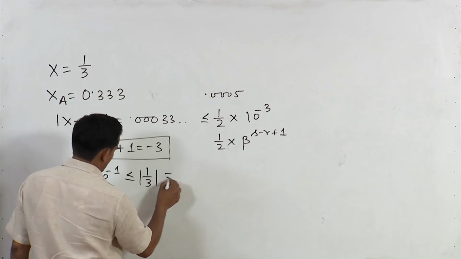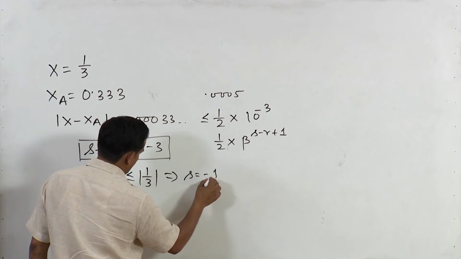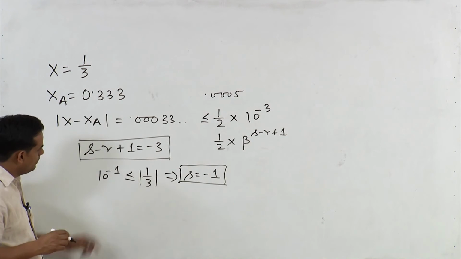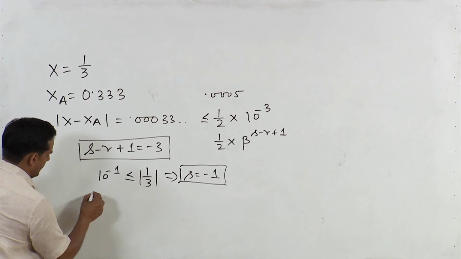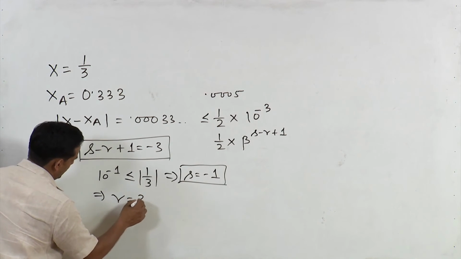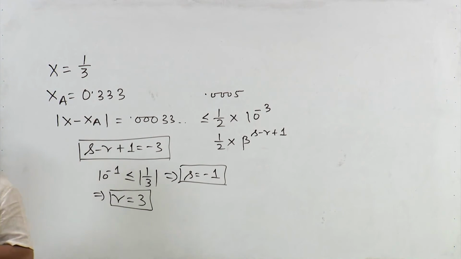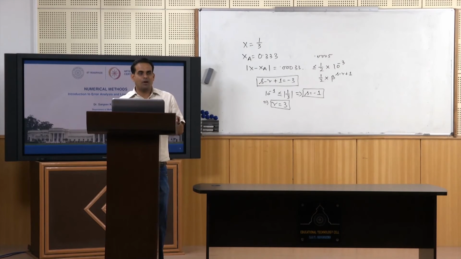So, this gives me s equals minus 1. From these two equations, I can write r equals 3. Hence, the approximation 0.333 has 3 significant digits, matching the exact value 1 upon 3 with 3 significant digits.